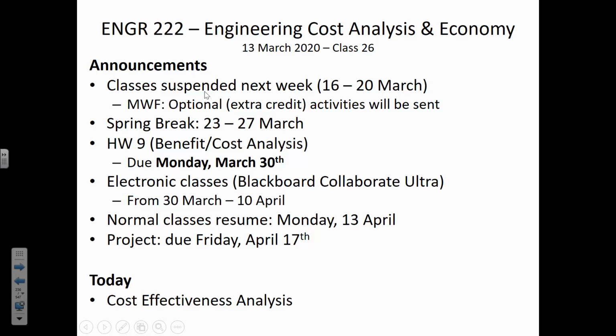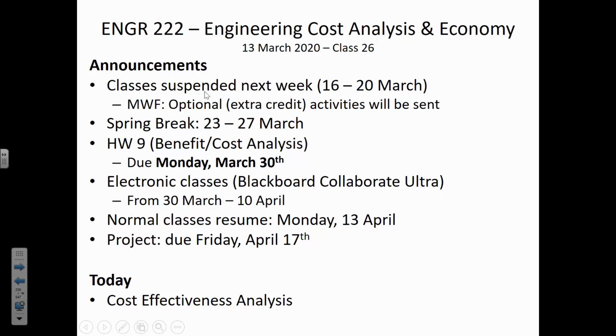If you do that activity, the size of the bonus it will give you, the 3 activities together would be about equal to a homework assignment. So if you already have missed 3 homework assignments, for example, and I only dropped the lowest 2, remember, then this would be a way of balancing that out.